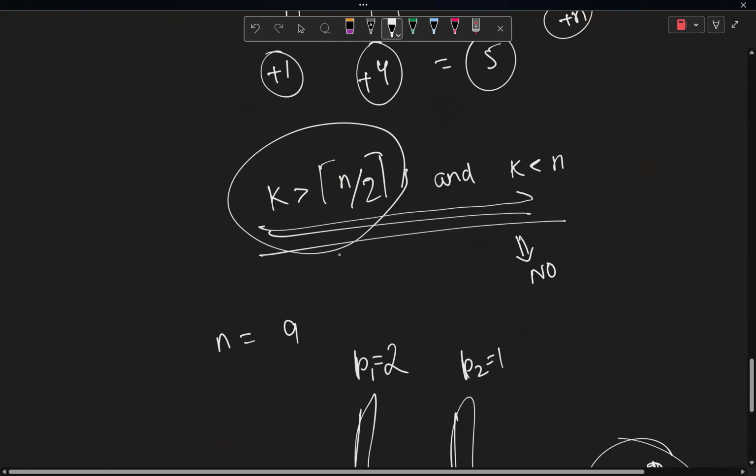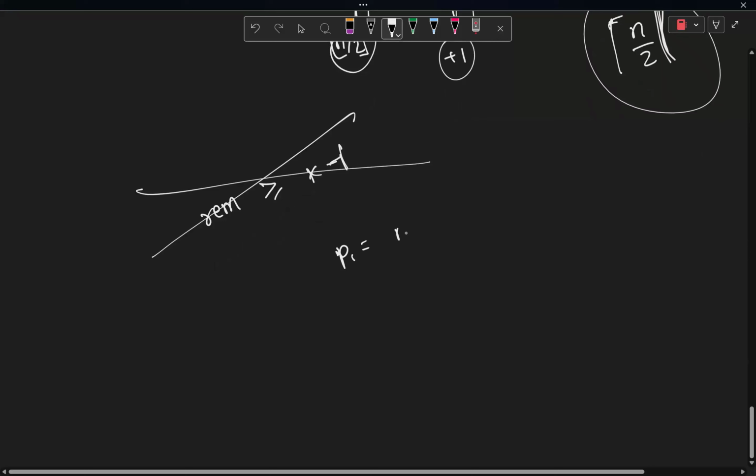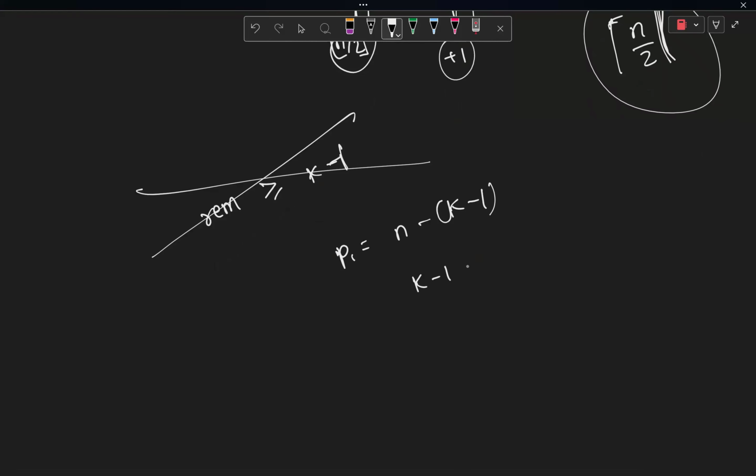The reason is simple. If you just pick p1 equal to n minus k minus 1, and here k minus 1 is greater than or equal to this p1, in that case Alice would have bought more than one item on the first stall.